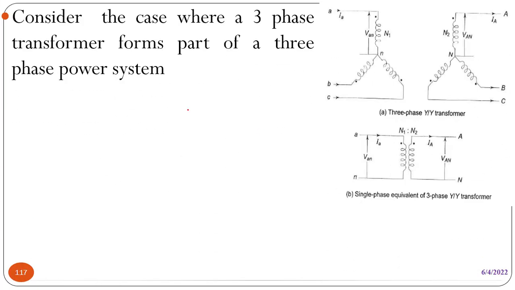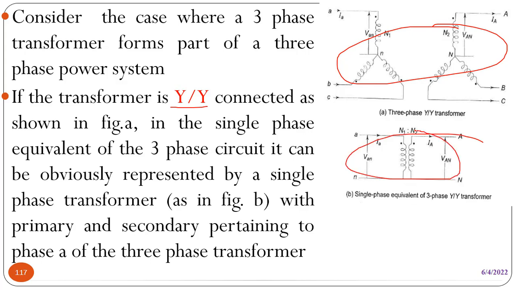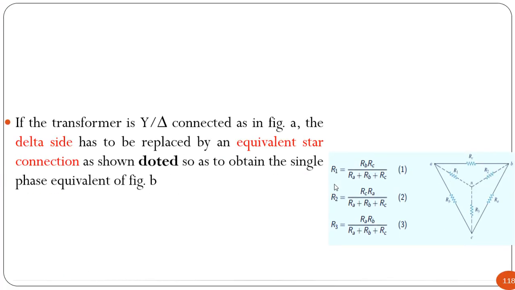Consider the three-phase transformer as part of the three-phase power system. If a transformer is star-star connected as shown in this figure, the single-phase equivalent of the three-phase circuit can be represented by a single-phase transformer with primary and secondary corresponding to a phase of the three-phase transformer.